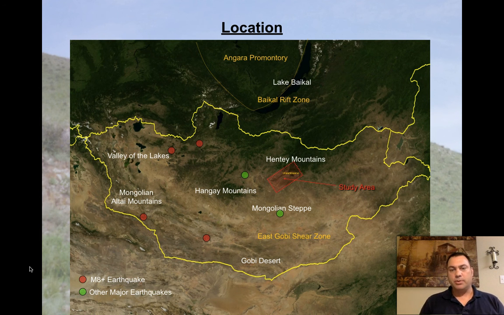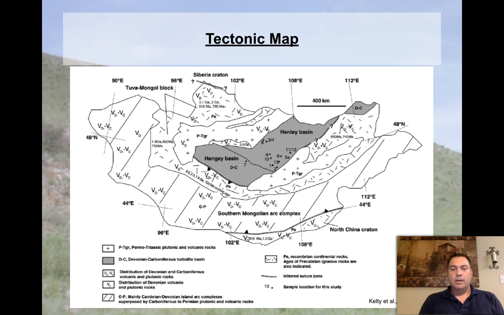So our study area was located at about a 45-degree angle from north, striking right down into what we call the Tuul River Valley. So here's the tectonic map of Mongolia. This is from Tom Kelty and his collaborators' paper from 2008. Here we see the Hentay Basin, the Hangay Basin, and we have these regions of rocks that are kind of wrapped around here.